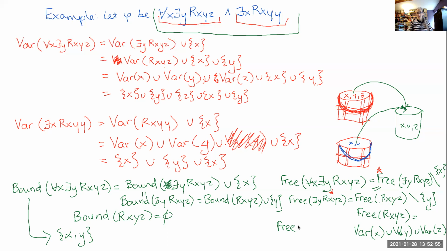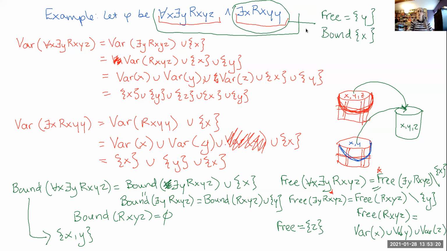I'm not going to write the formula out because I'm running out of space. It's just going to be z, whereas over here, these are bound. Now, we don't have the space on the whiteboard to go through it, but what you would see if you calculated that for this conjunct, here we have that the free variable is y and the bound variable is x.